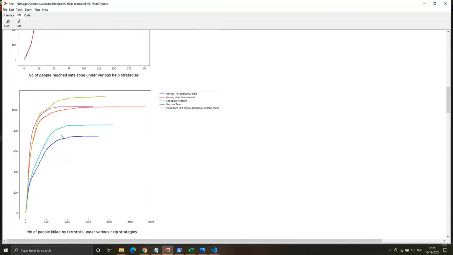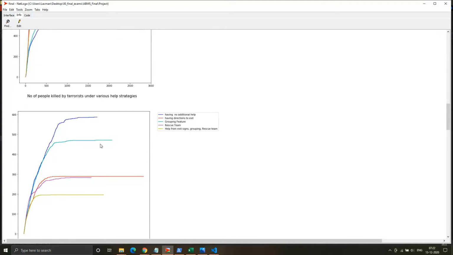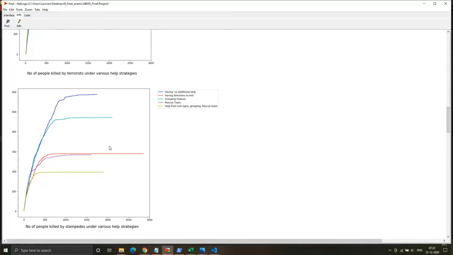And the number of people who reach the safe zone under various strategies: we found that having directions to the exits placed on the walls, the grouping feature, and the presence of rescue teams helped the survivability of the civilians much more when compared to having no help. We also found that more people are killed when having no additional help, and more people survive in the presence of directions to the exit and in the presence of rescue teams.